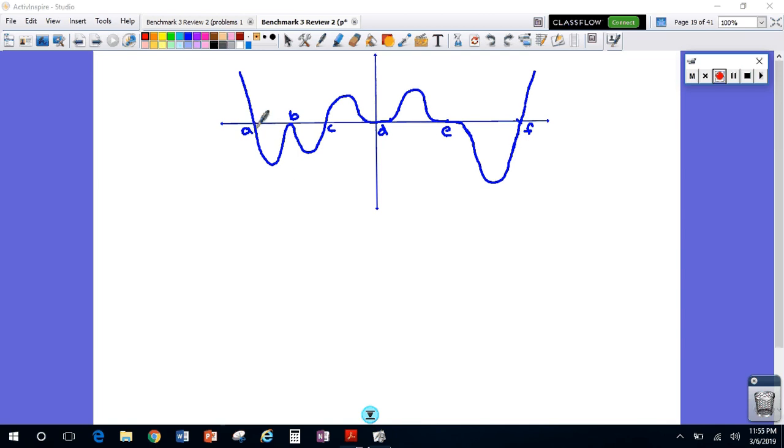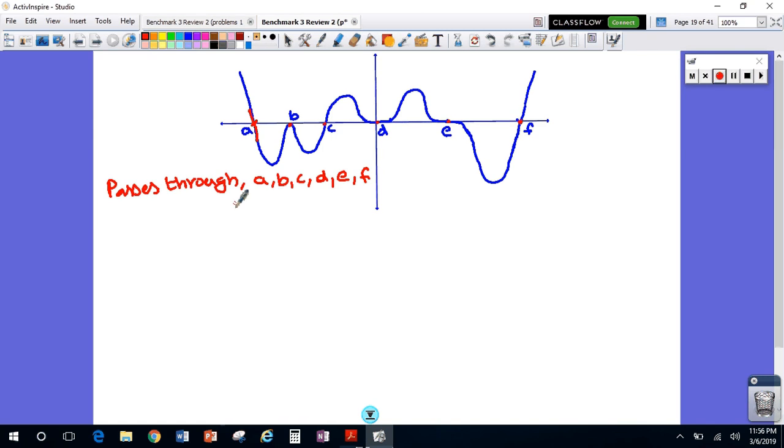Here the curve is passing through A, B, C, D, E and F. You can see at A it goes through, but at B it is bouncing back.